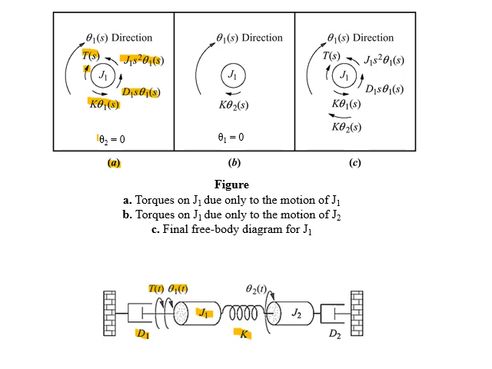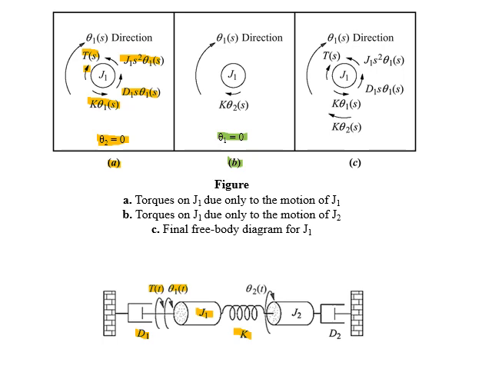In the case of figure A, it is assumed that the second test point is held stationary. Now in the case of figure B, it is assumed that the first test point θ1 is held stationary, where the second test point θ2 is rotating.